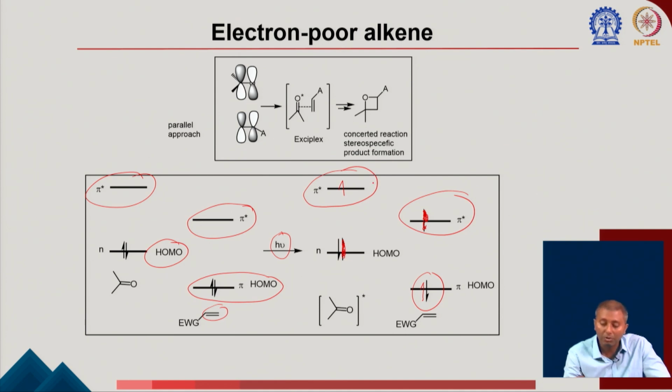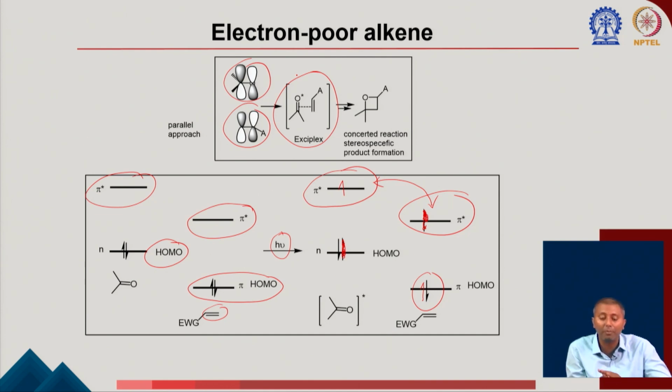Okay. So these two pi stars are now going to interact, and once they approach each other, they approach in a parallel approach. And what is going to happen? They are going to form some sort of exciplex. In an exciplex there are two conjugated molecules in the excited states.